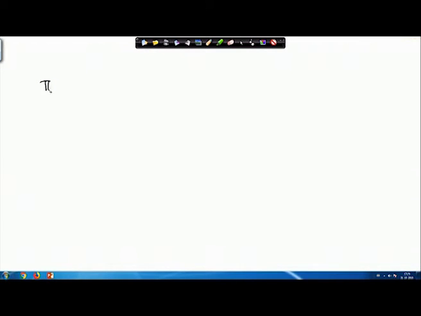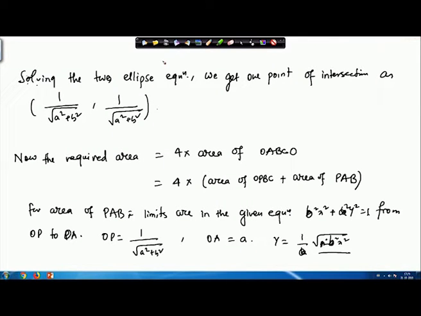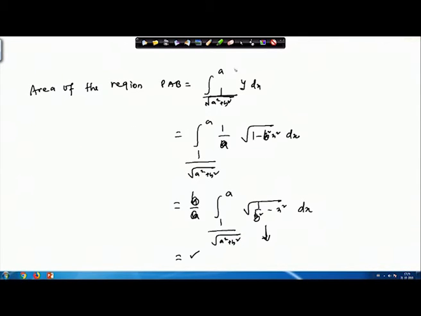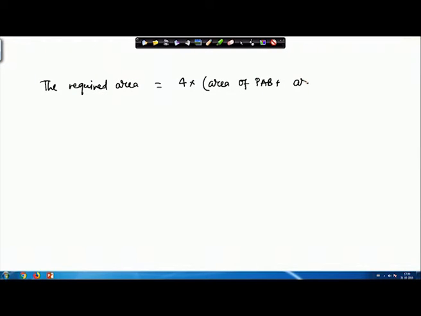So the required area would be 4 times area of PAB plus, what was that, another one was area of OPBC, and that will give us actually 4 times. So this will come out to be 1 by AB tan inverse A by B.